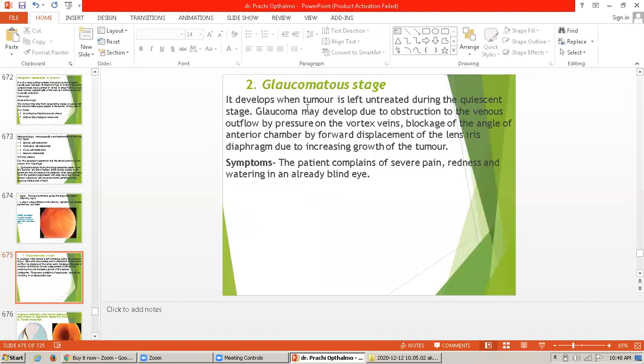Then second, that is the glaucomatous stage. It develops when the tumor is left untreated during the quiescent stage. Glaucoma may develop due to obstruction to the venous outflow by pressure on the vortex vein, and blockage of the angle of the anterior chamber by a forward displacement of the lens-iris diaphragm due to the increasing growth of the tumor.